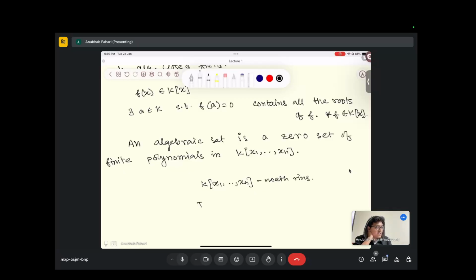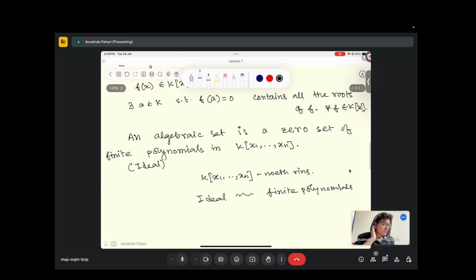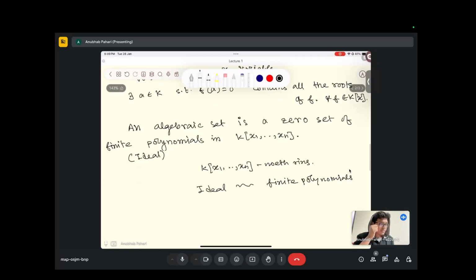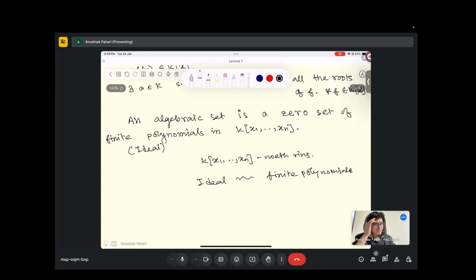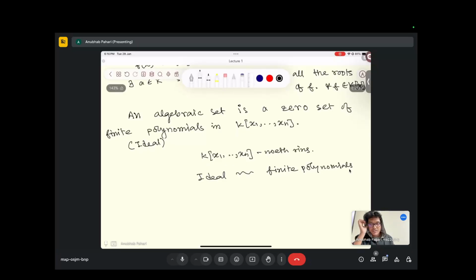So an ideal is equivalent to finitely many polynomials. In brackets it is an ideal. I'm not writing in a formal method, just to revise or give you an intuition of the problems I am about to do. For the formal introduction, you should watch the lectures. It is very well explained there.